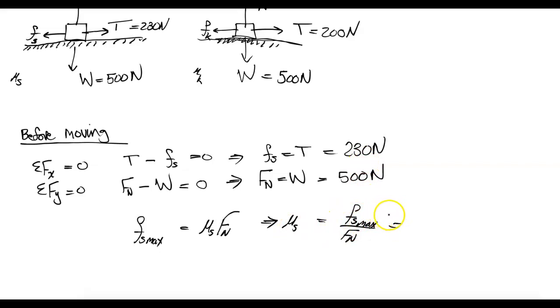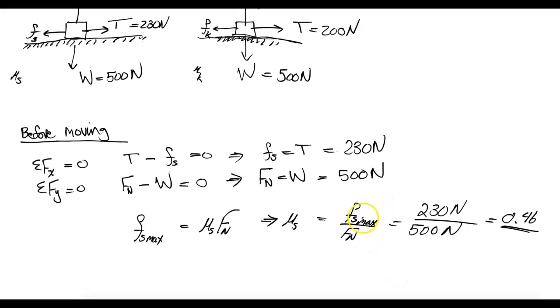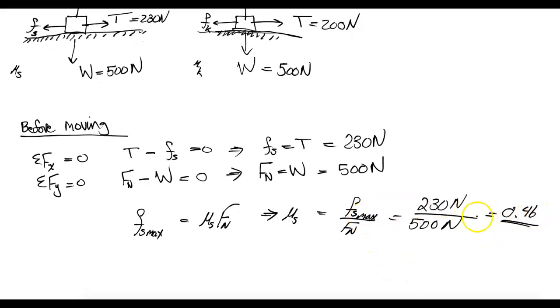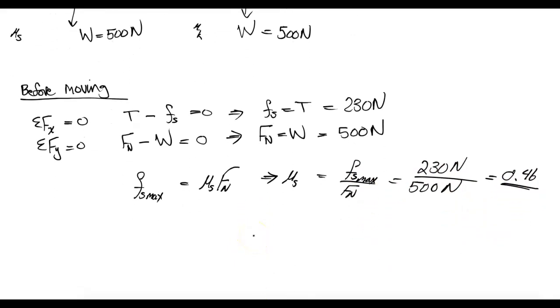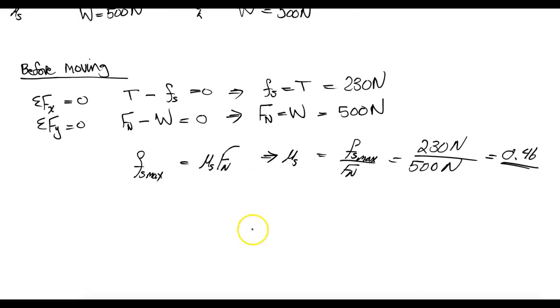And if we plug these in, we have 230 newtons over 500 newtons, which gives us a value of 0.46, no units. Whenever you're doing these problems, if you ever get a static coefficient of friction bigger than 1, you've done something wrong. It always has to be between 0 and 1, which this is. So that tells us that we're doing something correctly here.